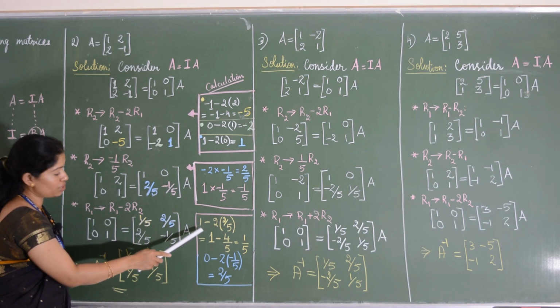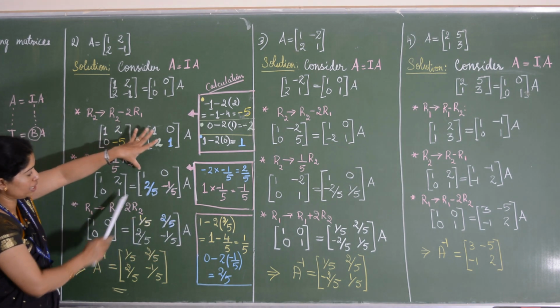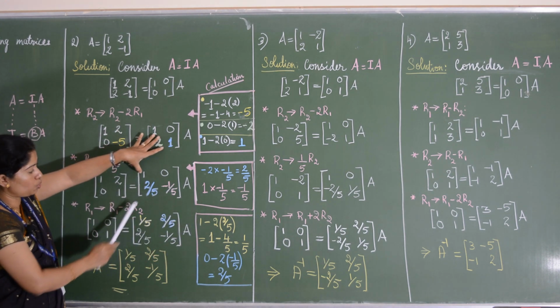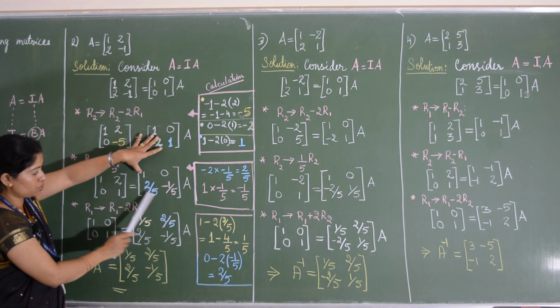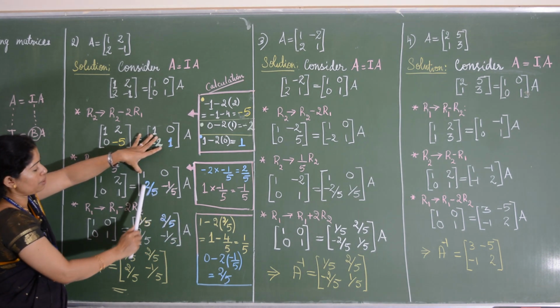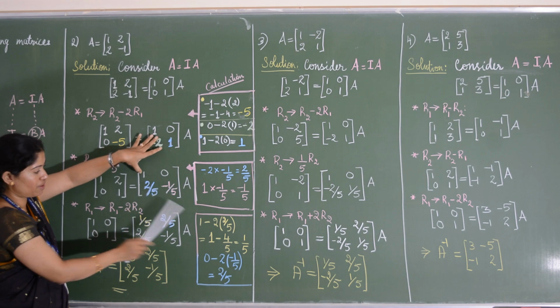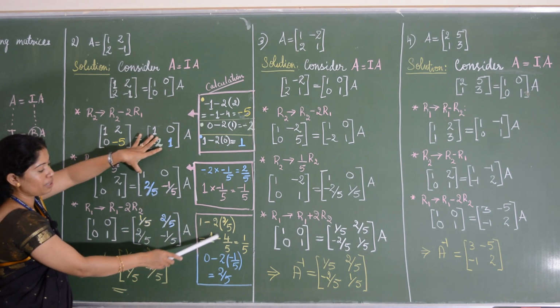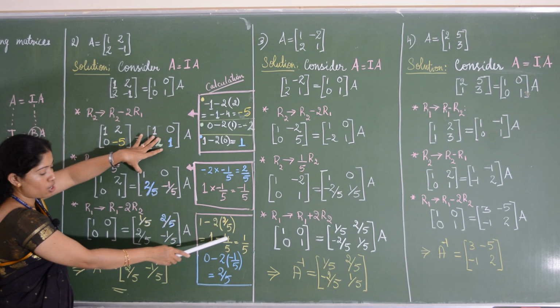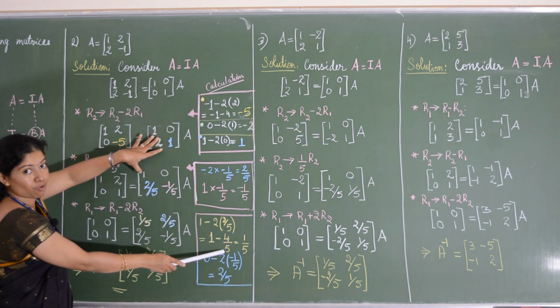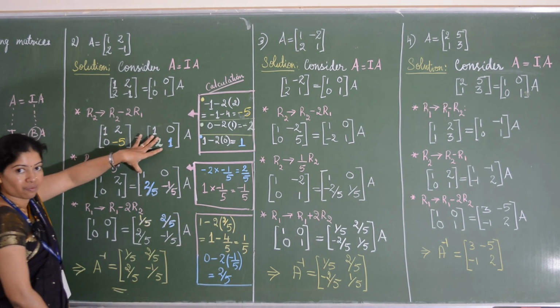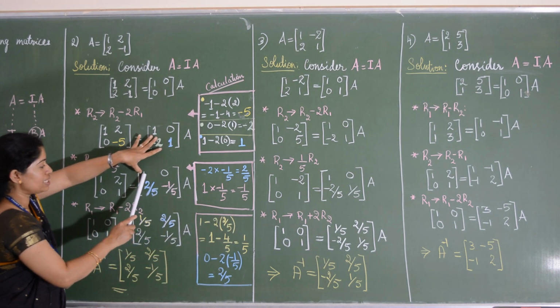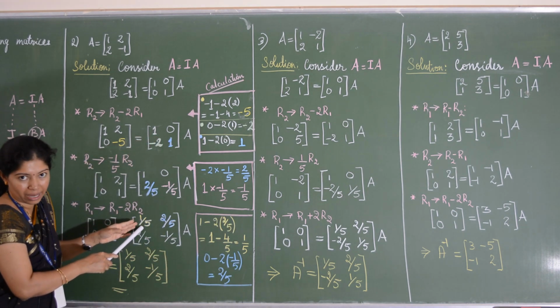You can see the calculation here. If you simplify, 1 minus 2 into 2 is 4 by 5. 1 minus 4 by 5 is what? It is 1 by 5. So this entry has changed to 1 by 5.